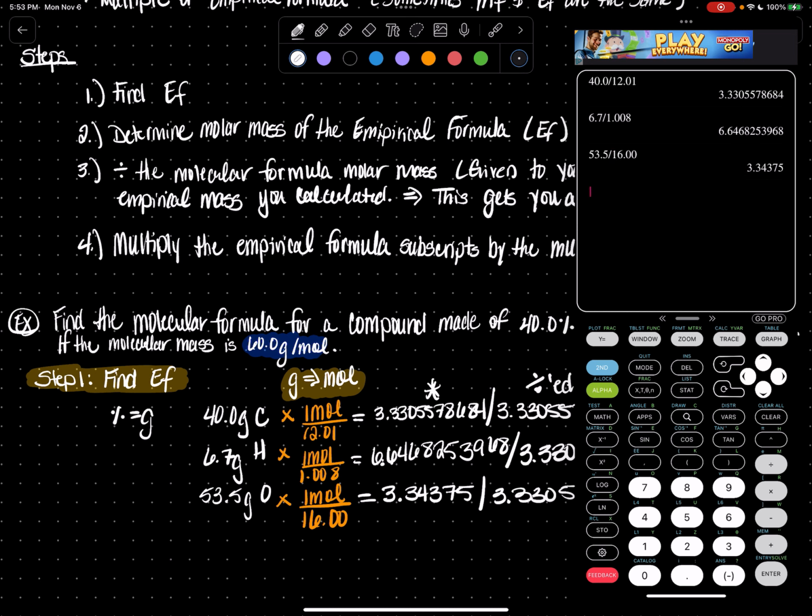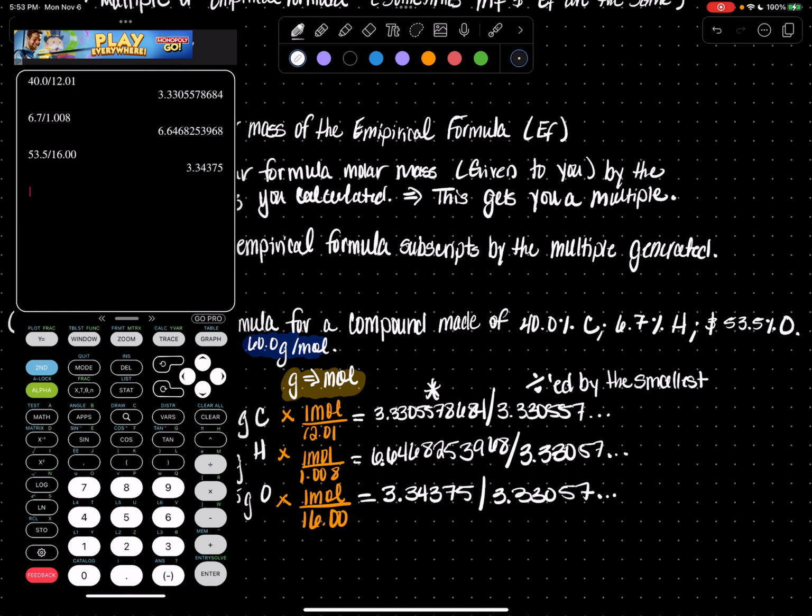So then again, we're going to see who's our smallest, and by the hundredth, we're breaking a tie between the first and the last one. The first one divided by the first one is 1, because something divided by itself is 1.